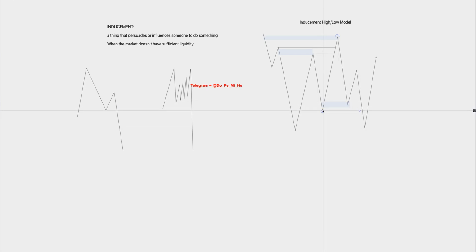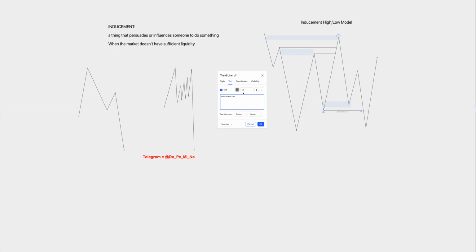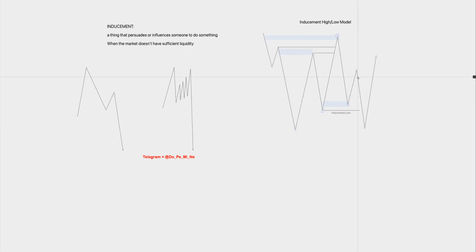So now, if we have the understanding that price needs to take out this low here, we'll mark this as our inducement low. If we know that's our inducement low and it should get taken out, we know that we can keep shorting into this low. So let's just say, for example purposes, this diagram is an H1 time frame.